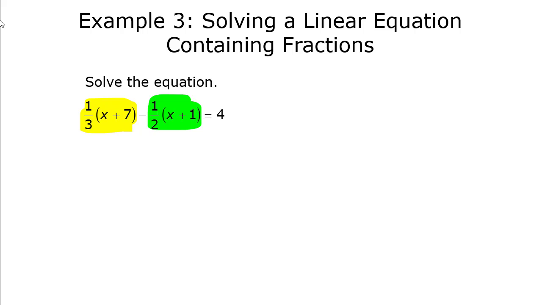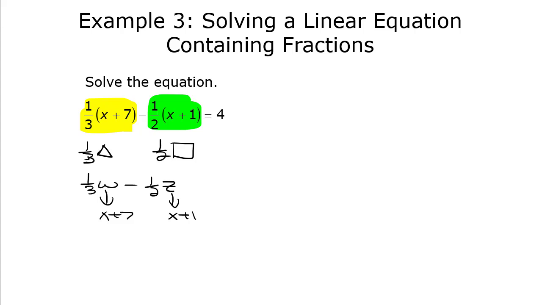You can think of it as it's like 1/2 of a box. And this is 1/3, right, of a triangle. It's almost like if you wanted to use a different variable, right? It's 1/3 w minus 1/2 z. It just so happens that w actually equals x plus 7 and z actually equals x plus 1, right? It's that kind of idea.